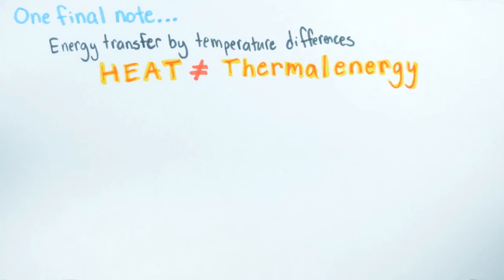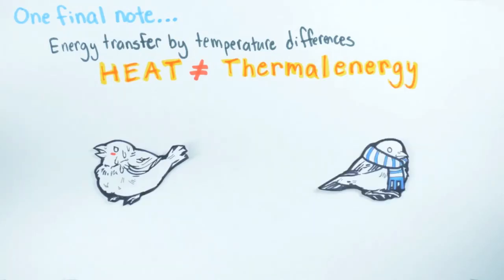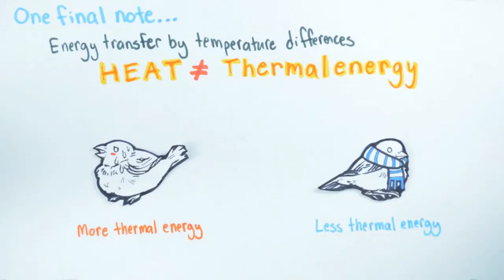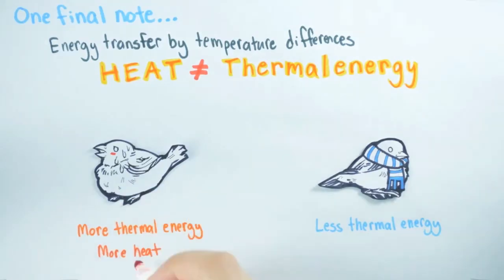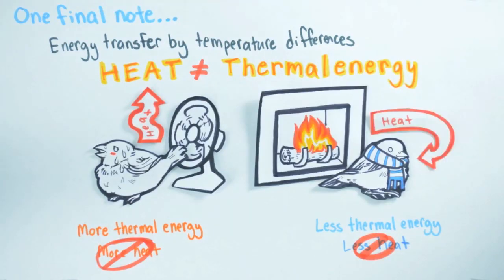So properly speaking, when we have an object, our system, that is at times warm and other times cold, we properly say that the object has more thermal energy when it is warm than when it is cold, and we avoid saying incorrectly the object has more heat when it is warm than when it is cold. By contrast, it is proper to say that heat, energy transfer by temperature differences between the object and the surroundings, is one way that the object can gain or lose thermal energy.